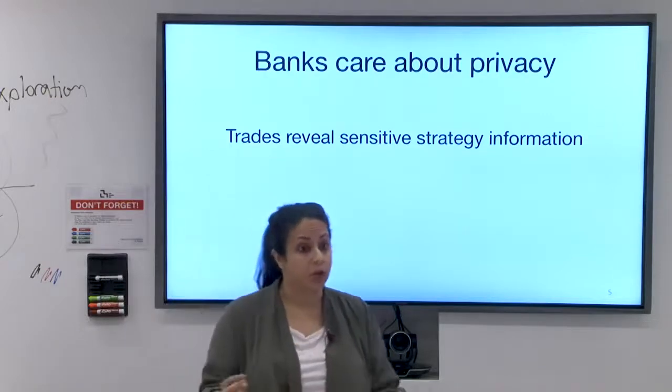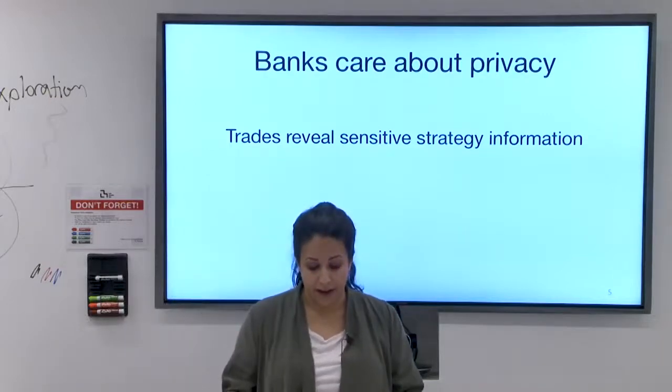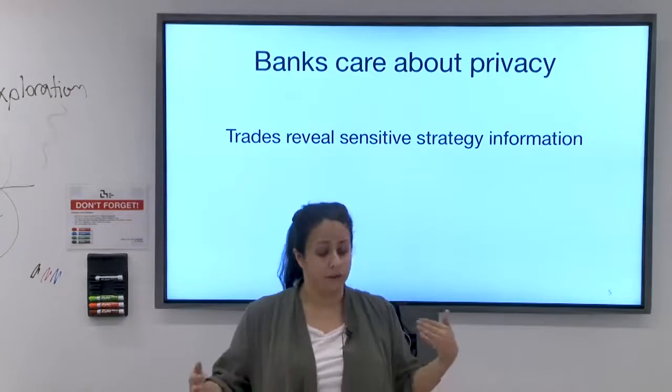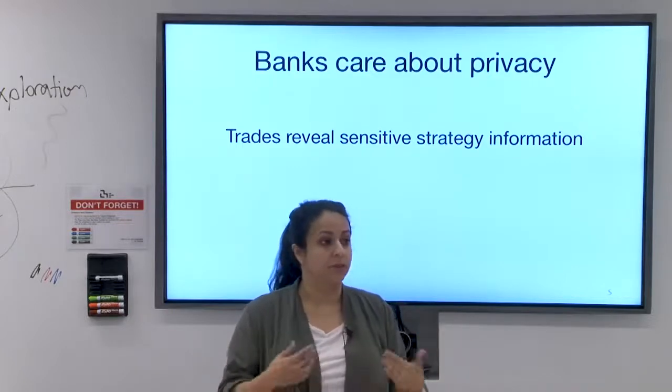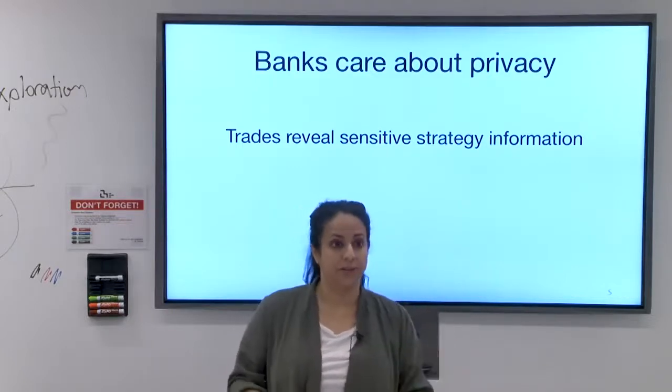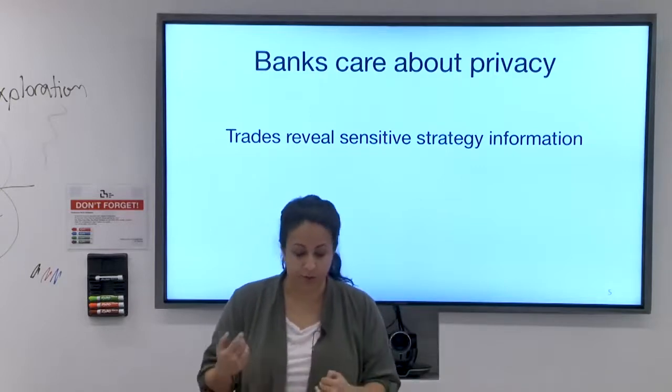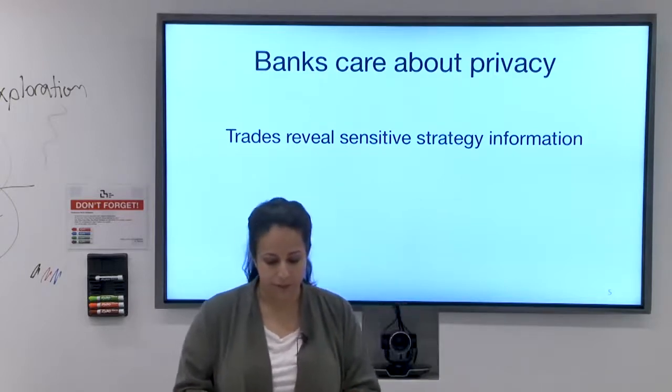For example, a large trade might indicate that a bank has decided to get out of a position. Other banks could learn about this, notice it on the blockchain as they're validating transactions, and try to follow suit, driving down the price.